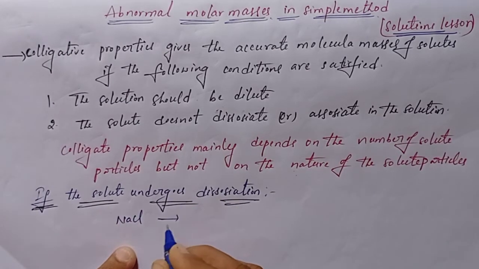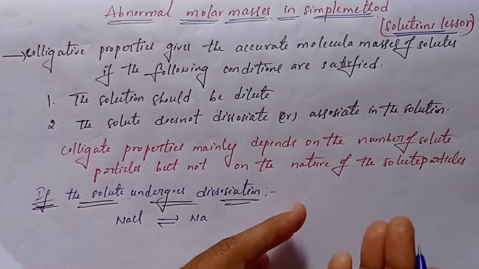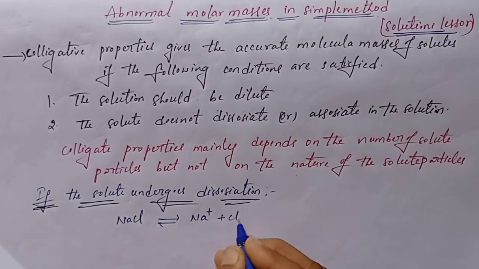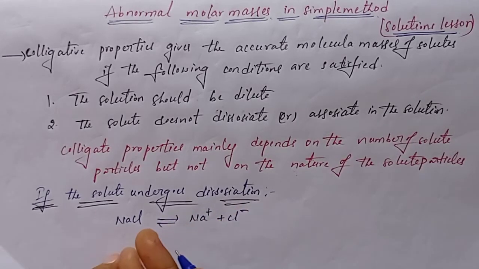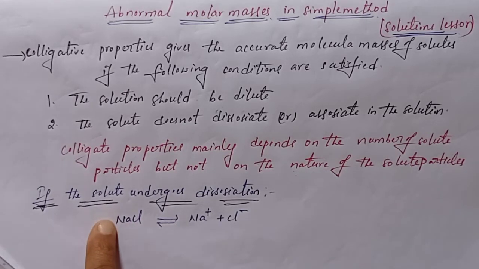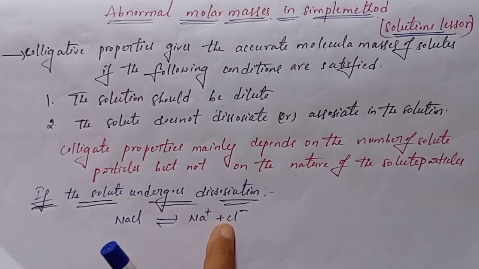When it is added to the solvent, it undergoes dissociation and splits into the ions Na plus and Cl minus. So for every 1 mole of NaCl, there will be 2 moles of particles: 1 mole of Na plus and 1 mole of Cl minus.